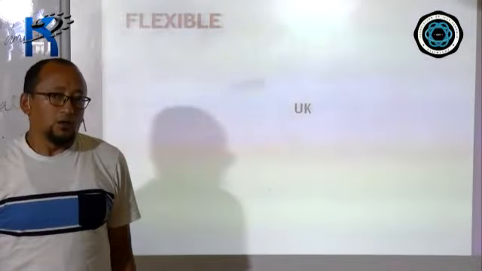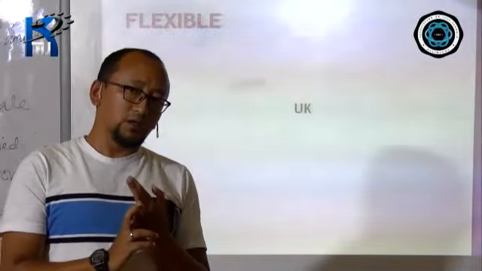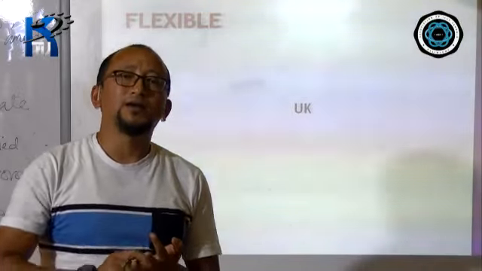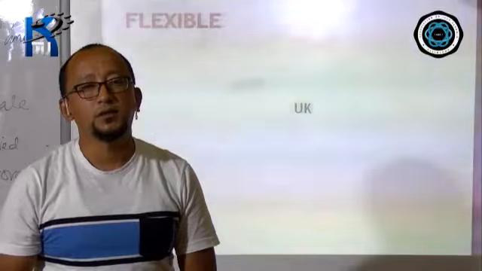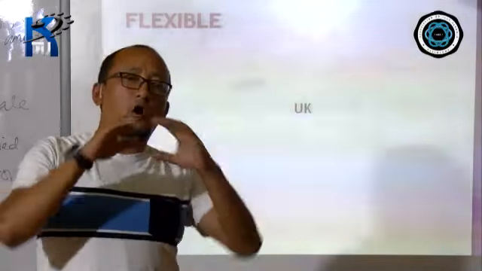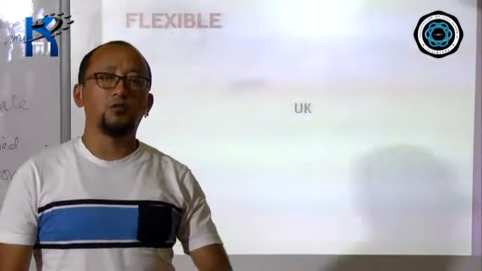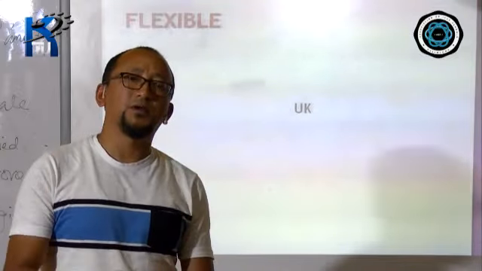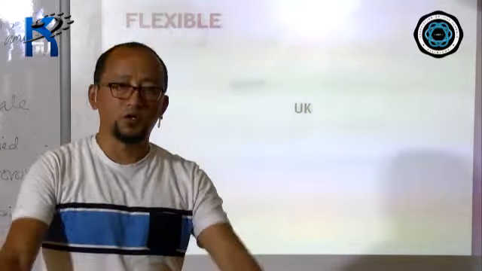Why do we say this? For one simple reason. In the UK, if you want to amend the British Constitution, you can amend it by simple majority, be it an ordinary law or a constitutional law. Anything in the United Kingdom can be amended by simple majority of the British Parliament.